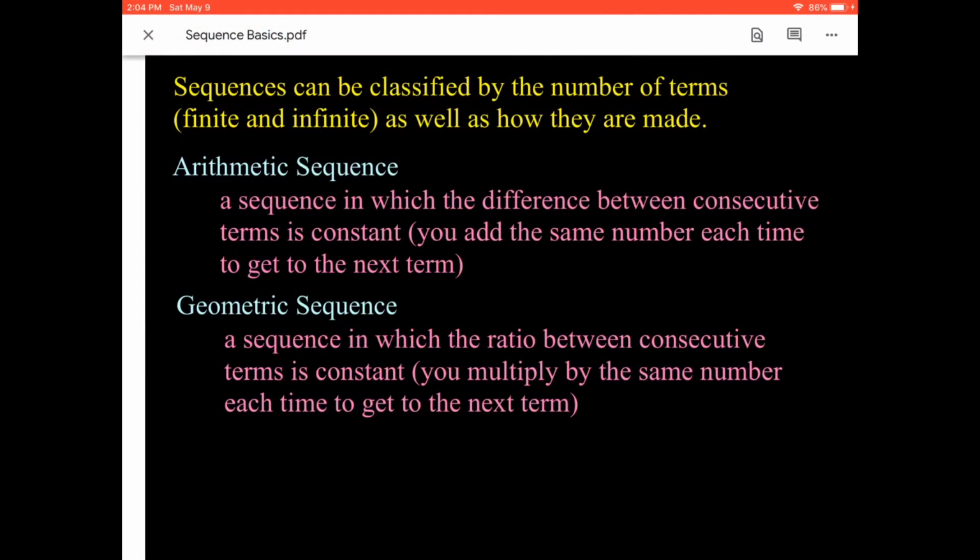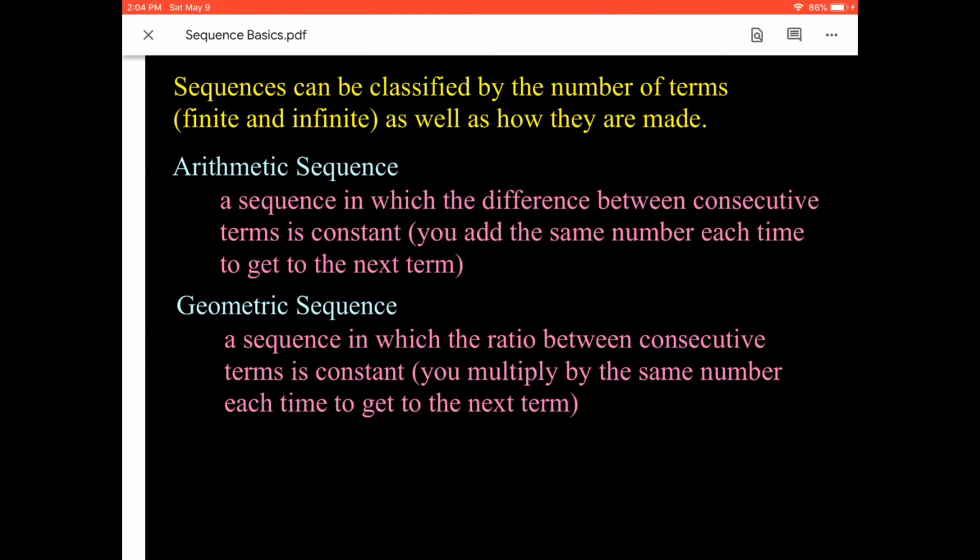Okay, so we already classified sequences by the number of terms, a finite number of terms and an infinite number of terms, but we can also classify them by how they're made. The 2 main types of how sequences are made are arithmetic or geometric. An arithmetic sequence is one in which the difference between consecutive terms is constant.